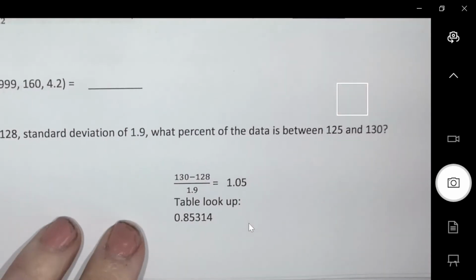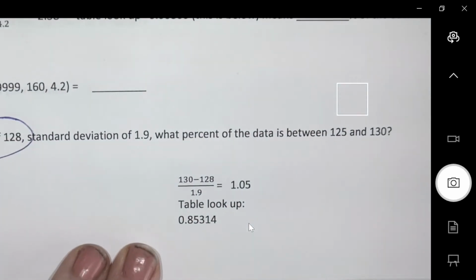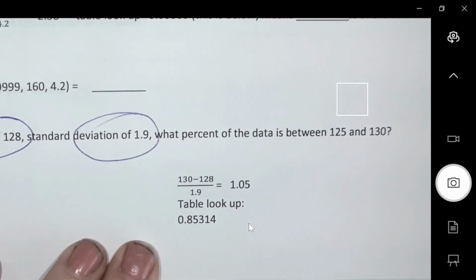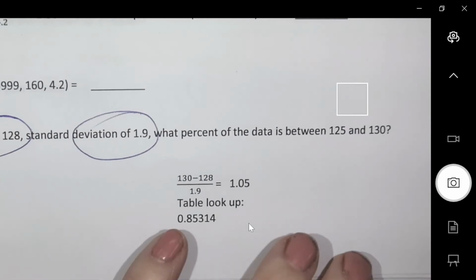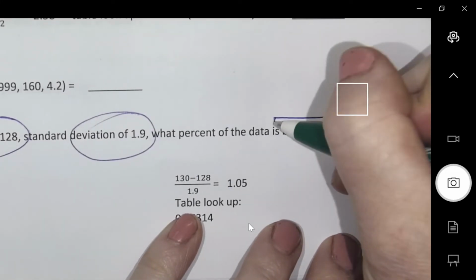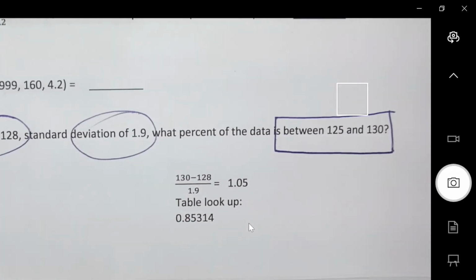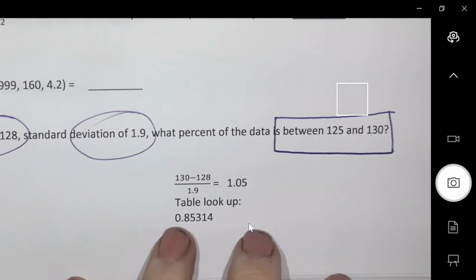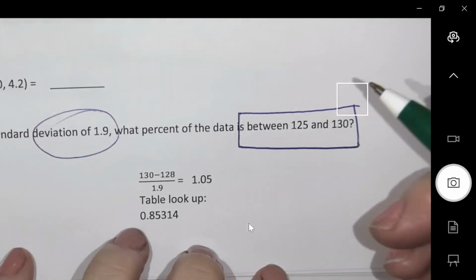Okay, we have a mean of 128, standard deviation of 1.9. This time we want to know what's the data between 125 and 130.